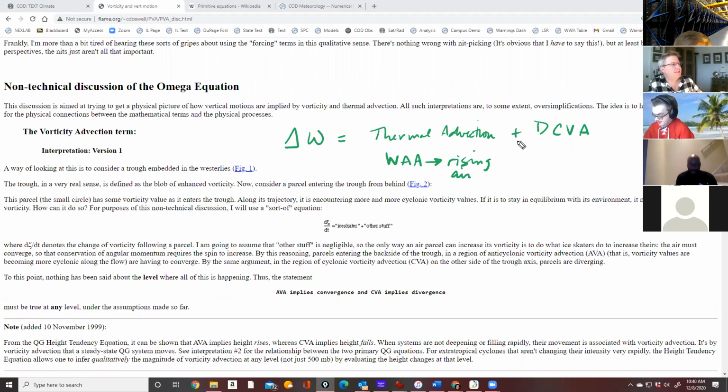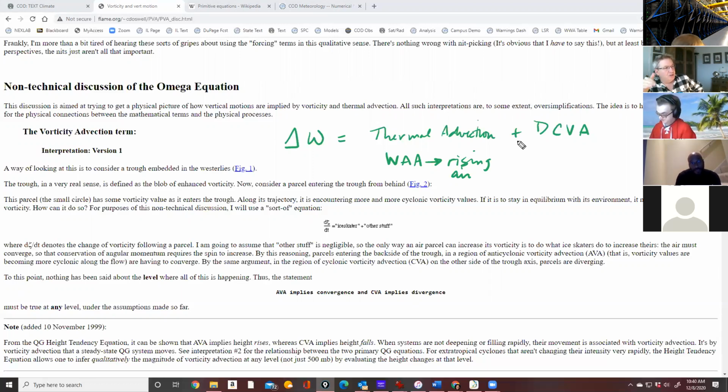Well, that concept is the quasi-geostrophic omega equation. Qualitatively, not quantitatively. I'm not going to make you do that. You're coming out of COD without a quantitative understanding of the quasi-geostrophic omega equation. But you should have a qualitative one. Warm air advection implies rising air.